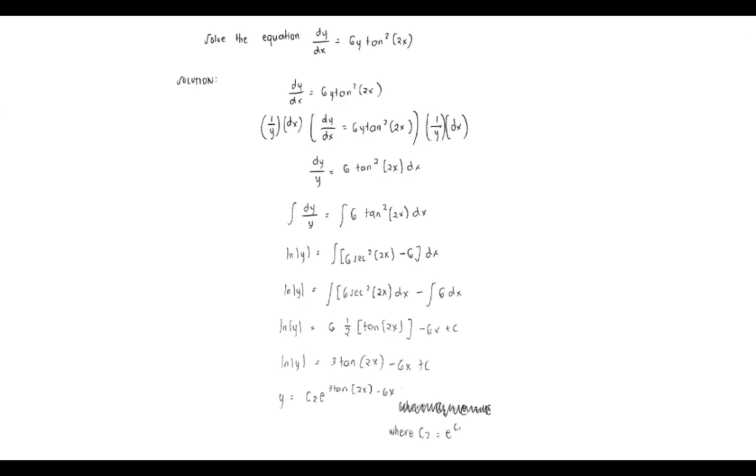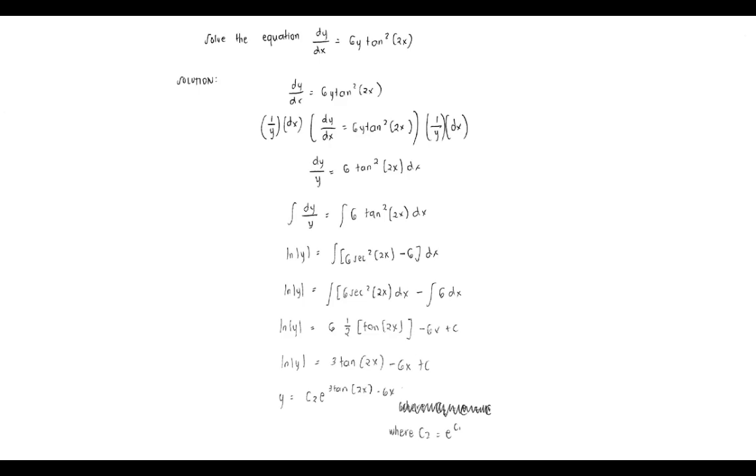We integrate both sides. The integral of dy over y is ln of y. In order for us to easily integrate the other side, we will rewrite it as 6 secant squared 2x minus 6, so that we can separate it easily. Because we have a subtraction sign, we can also separate the constant.